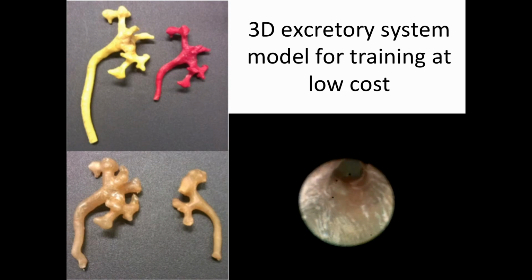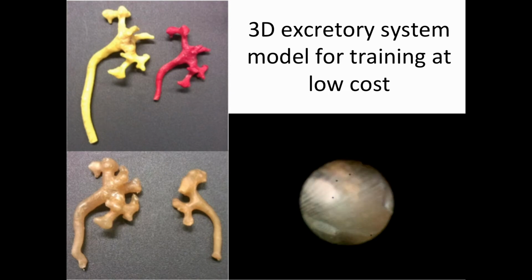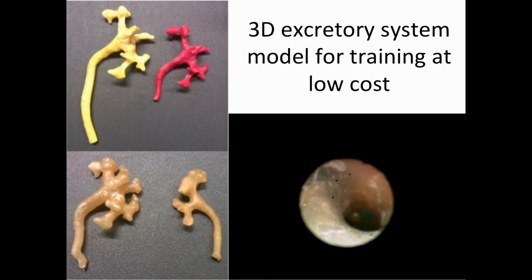This is the first navigation into the model. It is a prototype at the moment, but we hope in the future to create models for training with different shapes of the excretory system.